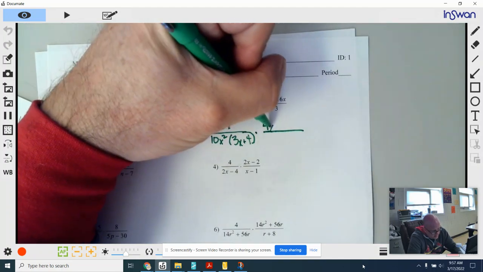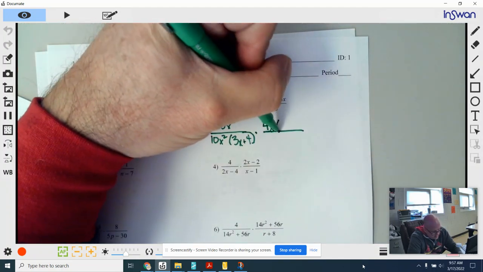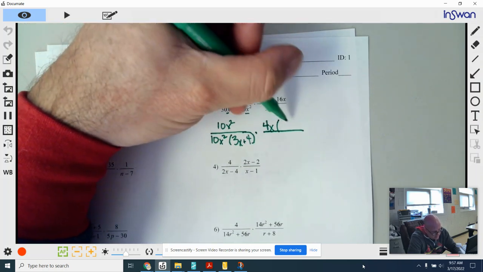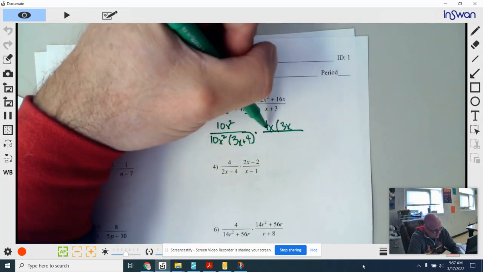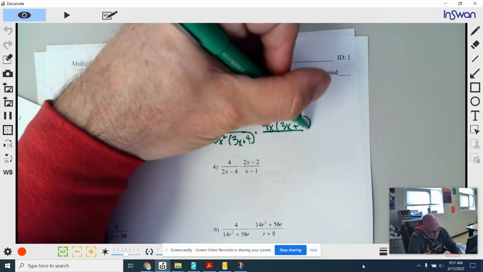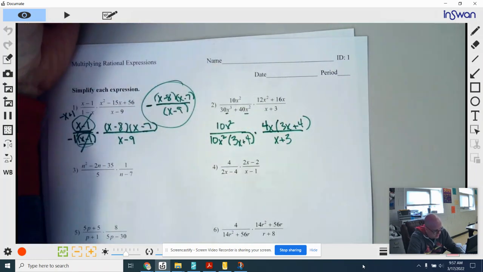And they both share a 4x. Okay, and then I can go ahead and put what it takes to multiply back together. So 4x times what is 12x squared? Well, that's 3x. 4x times what is 16x? That's a positive 4. Okay, and then in the bottom you have that x plus 3.